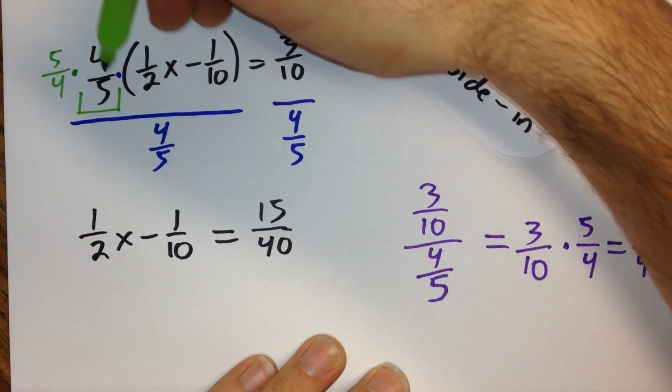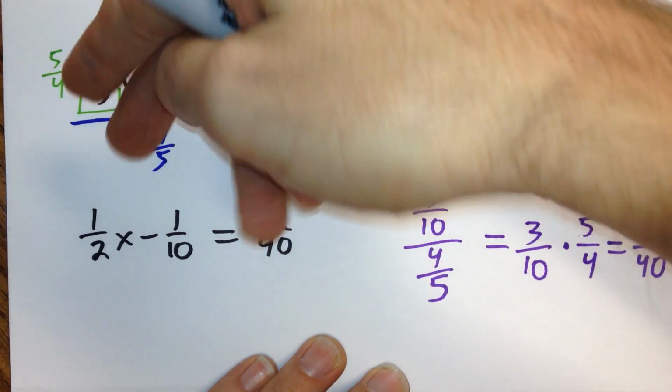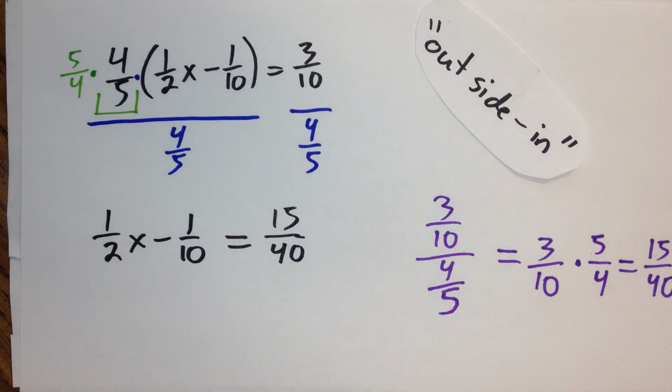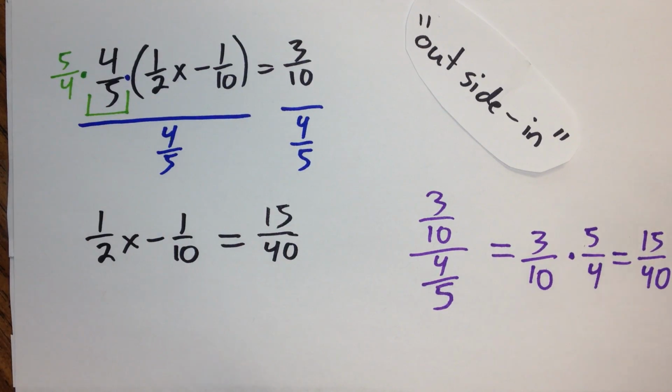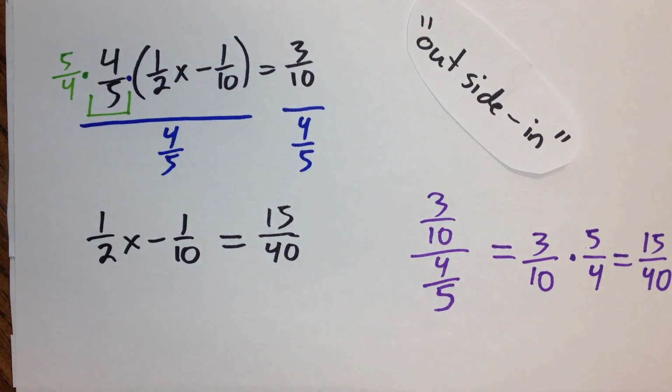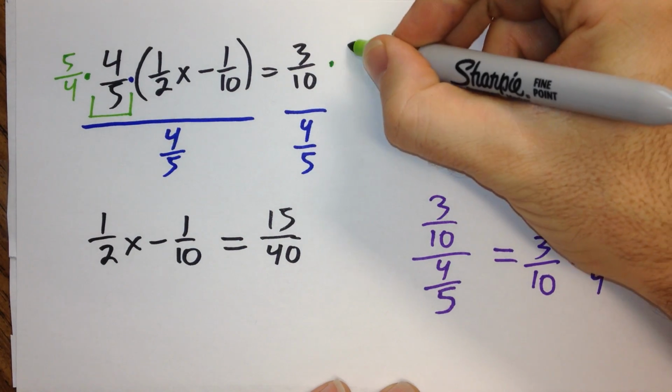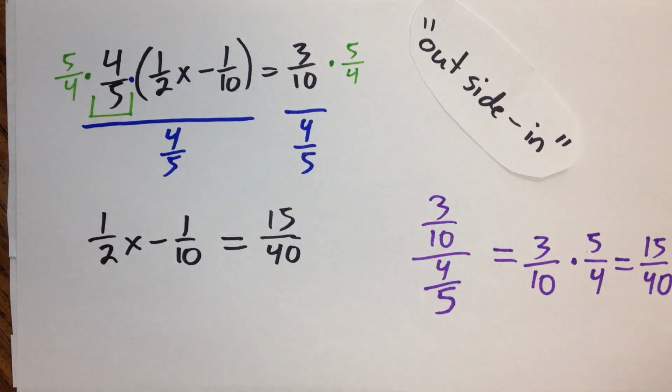It's the same reason why we divide, because 5/4 and 4/5 are inverse operations when they multiply by each other. So I could have just written multiply by 5/4 on both sides of the equation, and that would have been equally appropriate.